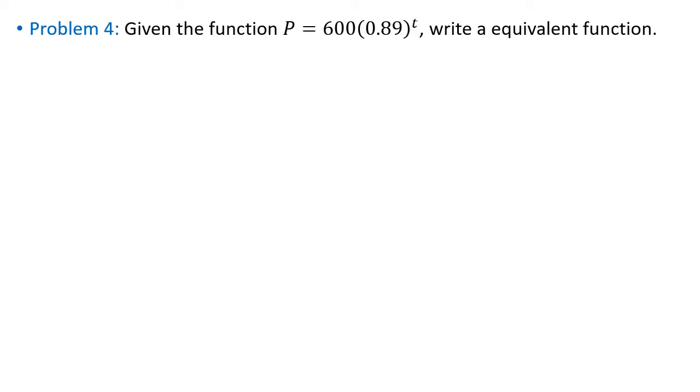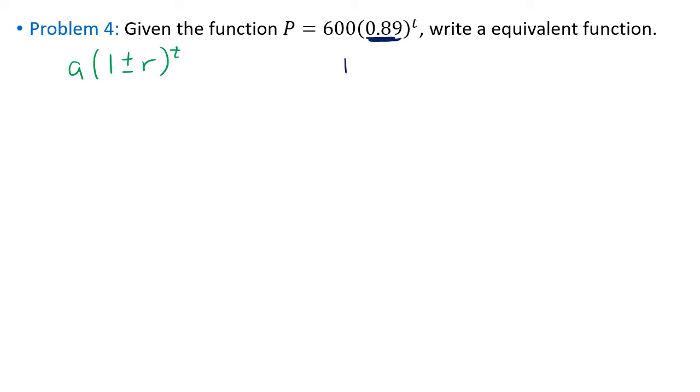All right, given the function p equals 600 times 0.89 to the t, write an equivalent equation. Once again, this goes back to where you have a times 1 plus or minus r to the t. So we have a value here that is less than 1.